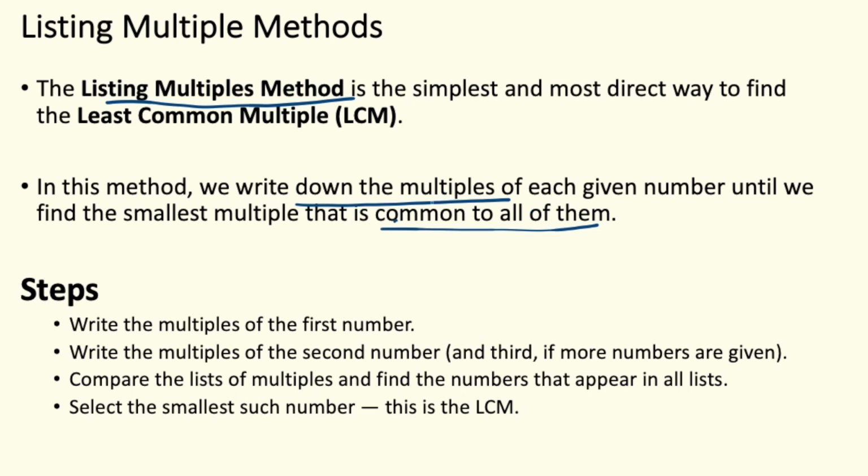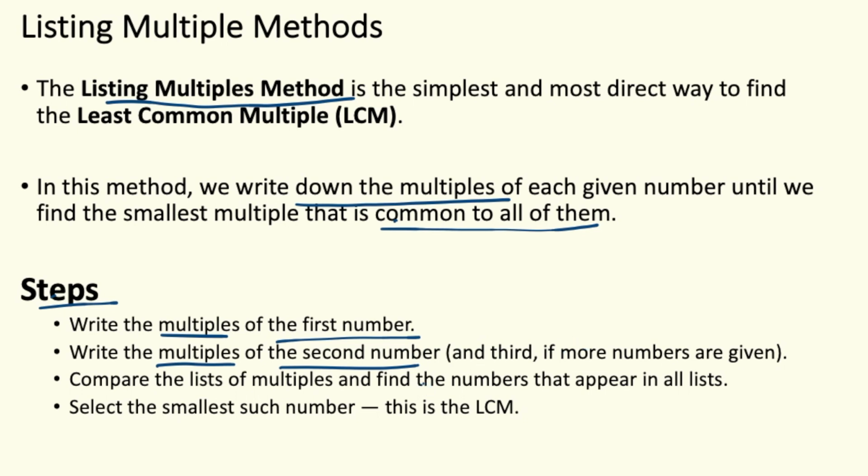The very first or smallest such number that appears in all the lists is what we call the least common multiple. To put it step by step, first we note down the multiples of the first number. Then we do the same for the second number, that is, we list the multiples of the second number, and if there is a third number, we repeat so.